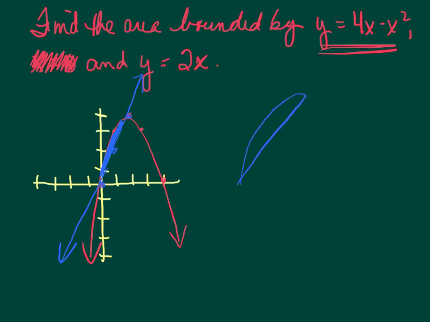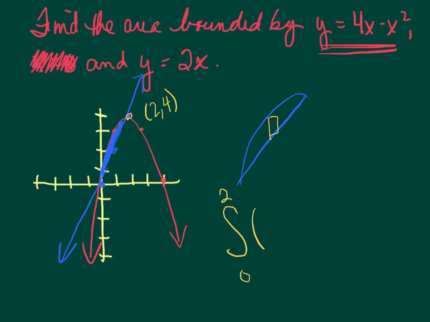So I'm going to draw my rectangles as dx rectangles. So I'll set up an integral from 0, and they intersected here at the point 2, 4. So I go 0 to 2. Since I'm doing it as a dx, I'm going to do top minus bottom.